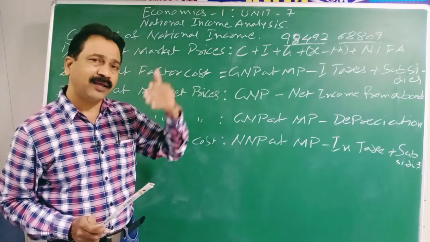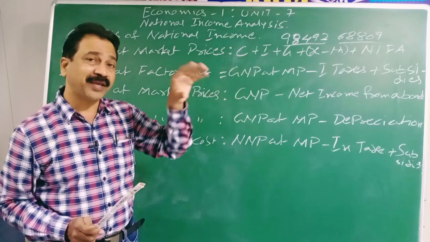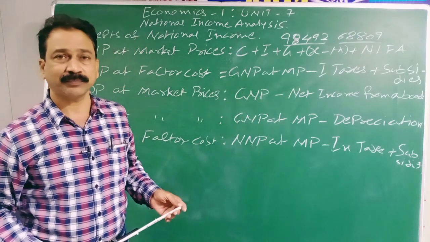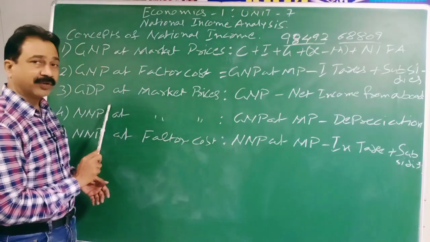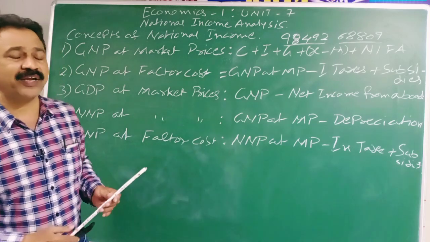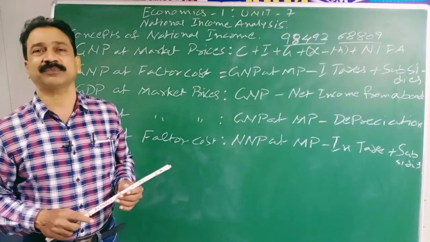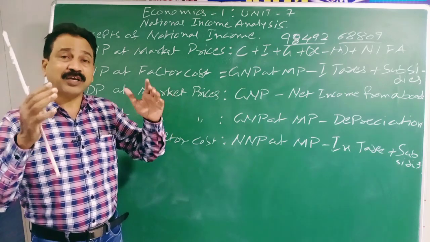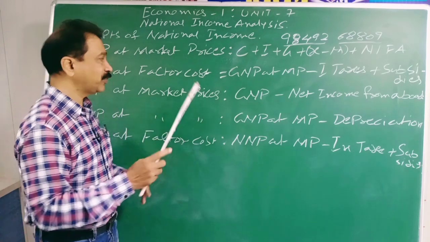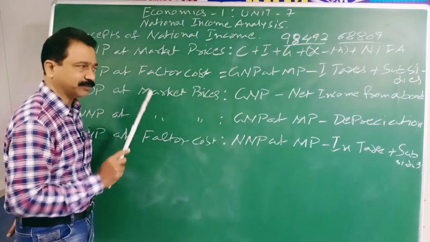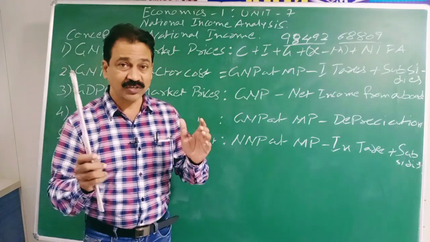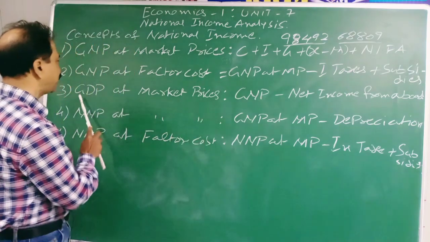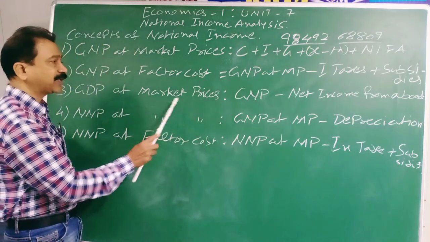Whether it is produced in India or America, it has to be produced by Indians, and the profits have to be carried to India, net income from abroad. But GDP is a different one. In this one, who produced is not important. Where it is produced is important. Within the borders of the country, in the domestic area of a country, whatever is being produced comes under GDP. GDP means gross domestic product. Within the country, what is produced comes under GDP at market prices.